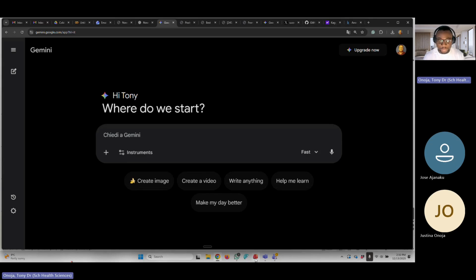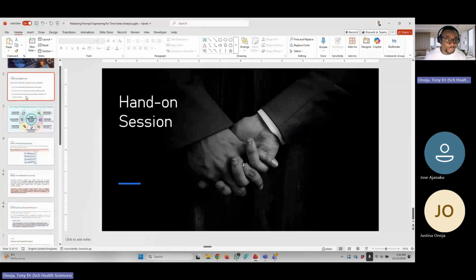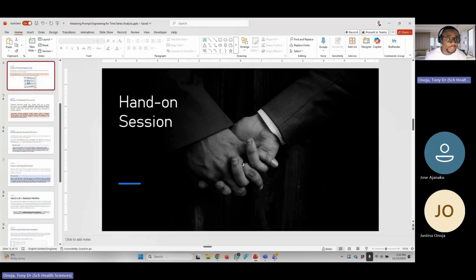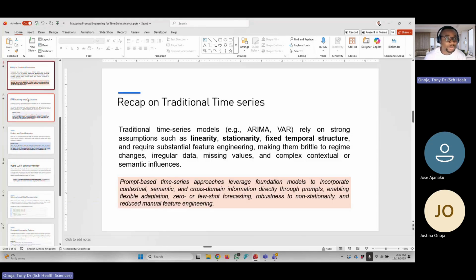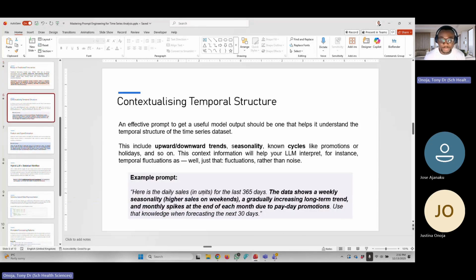We are following all the guidelines that we have outlined. The first one is going to be the contextual data that we said.